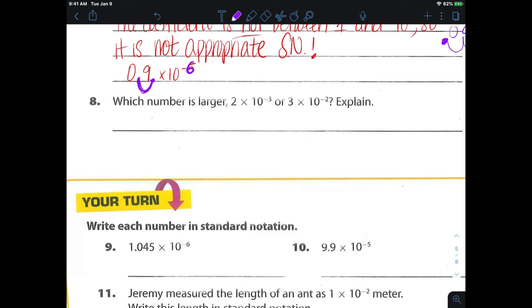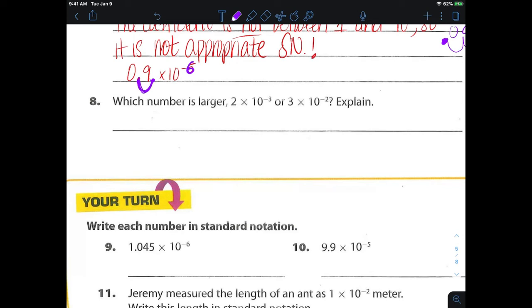Whenever I have a number that is smaller, it has a negative exponent. And the more negative a number gets, so going from negative 5 to negative 6, negative 7, negative 8, negative 9, that means that the number is smaller.